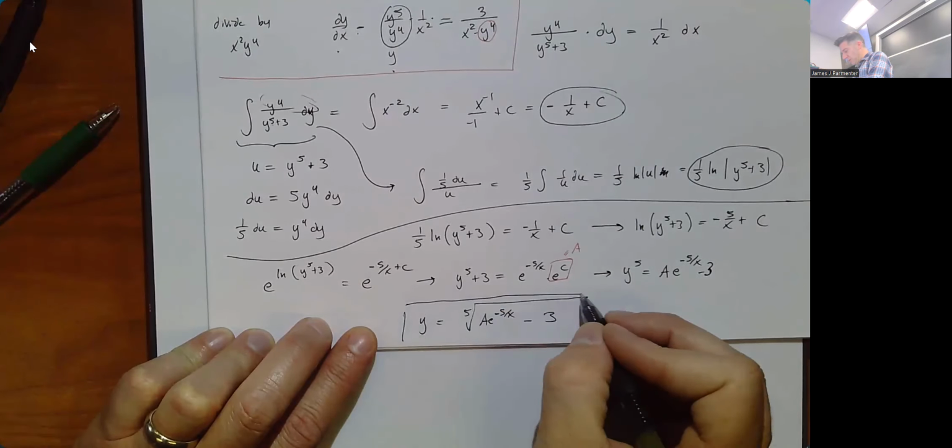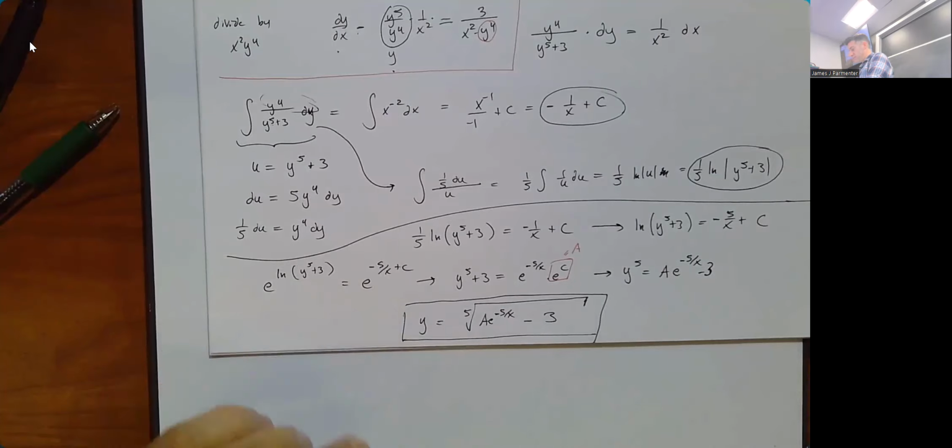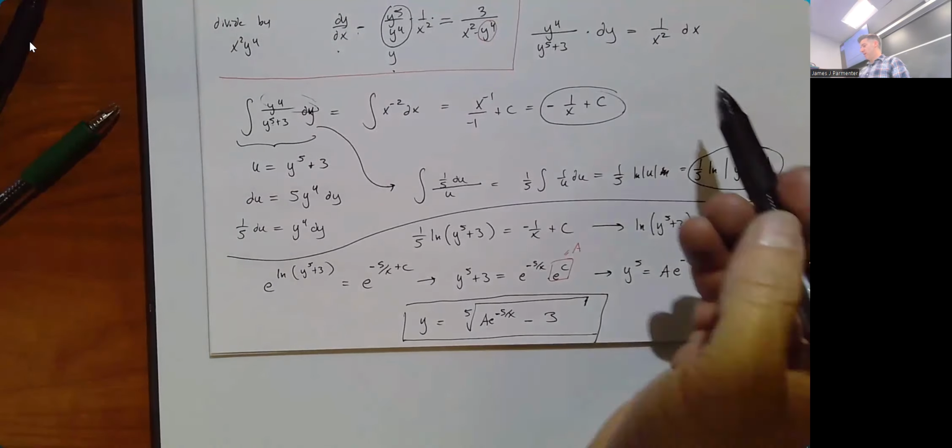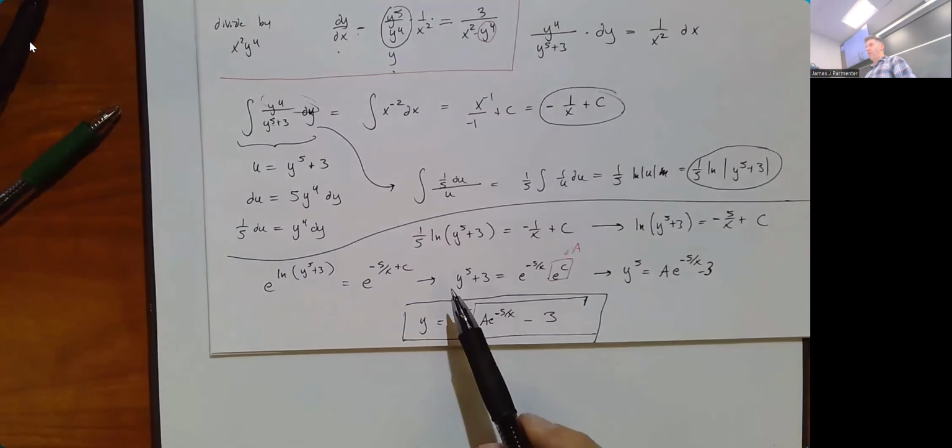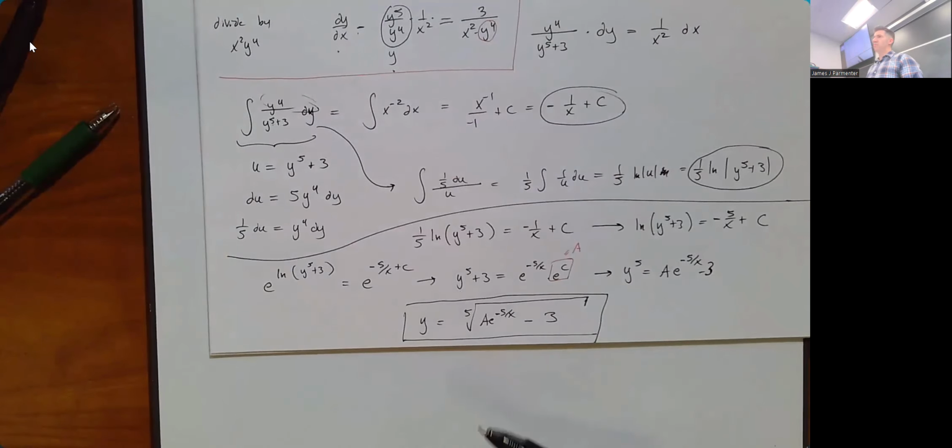And without any initial conditions, that's as good as it gets. It's kind of a lot. The algebra here, I feel like this problem is maybe a little more extra than you would actually see, not so much the integrating part, but the actual solving for y is a little bit irksome here, but not the worst ever.